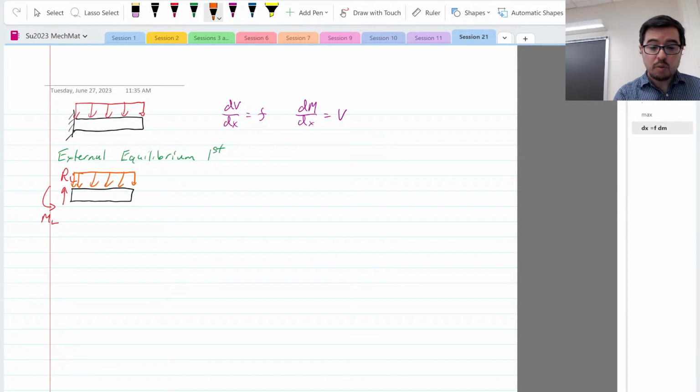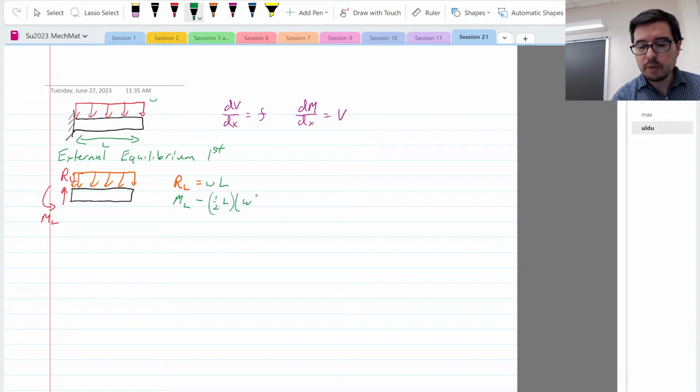All right. So when I'm doing the external equilibrium, RL is going to be equal to whatever this is, W, this is L. It's just going to be equal to WL. And when I do my ML, that's positive, and then I've got minus the 1/2 L times the WL.